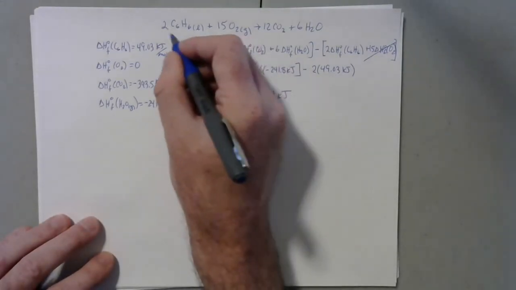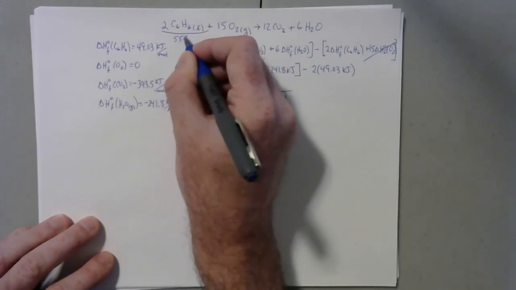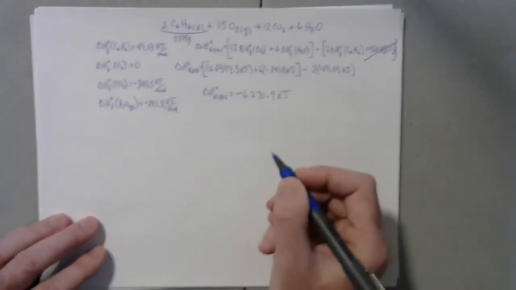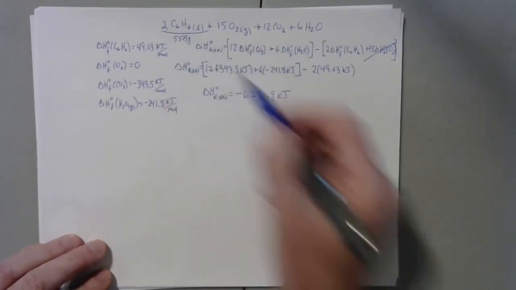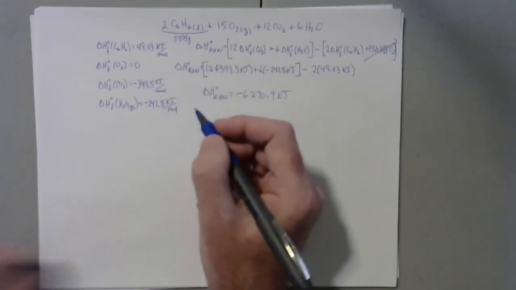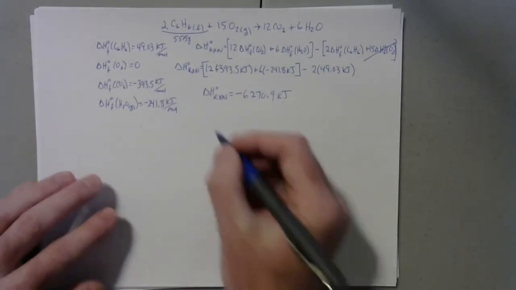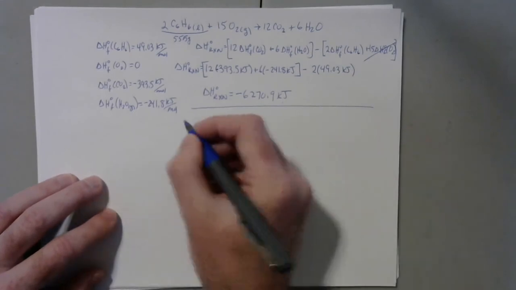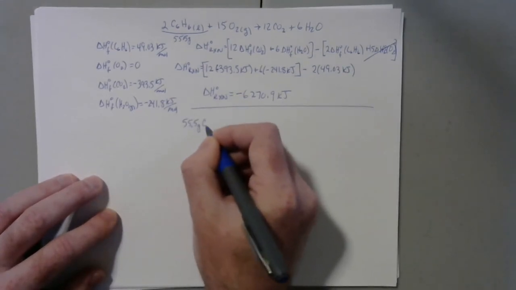Because what it says is it wants it for 55.5 grams of this. This is how much would burn for 2 moles of benzene, not 55.5 grams necessarily. So we need to set up some dimensional analysis now with our 55.5 grams of benzene.